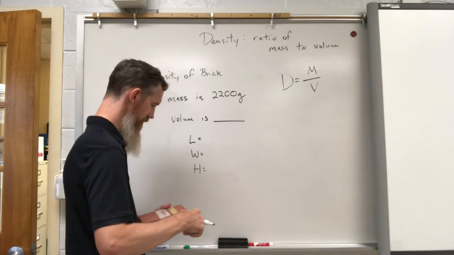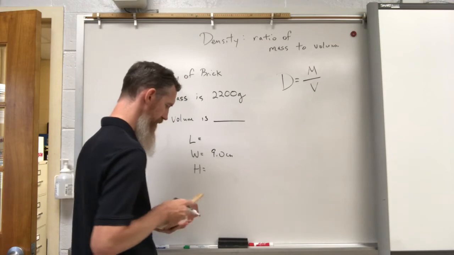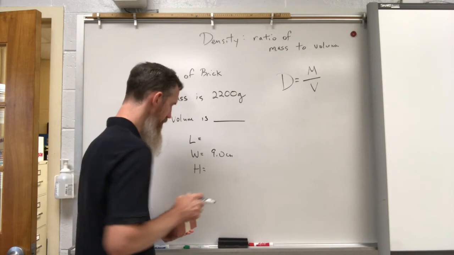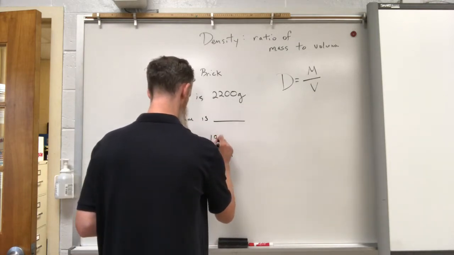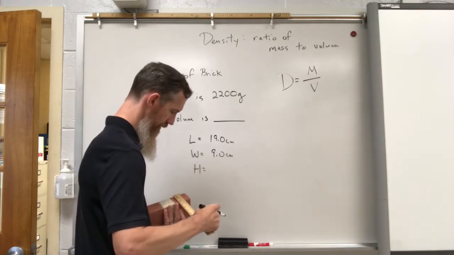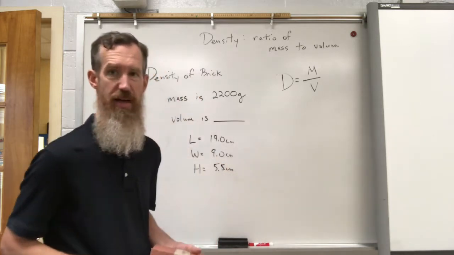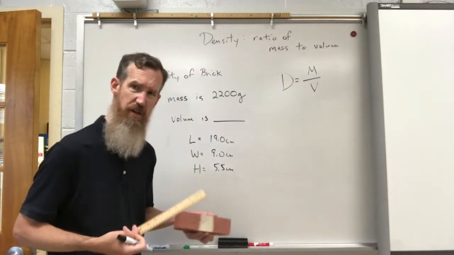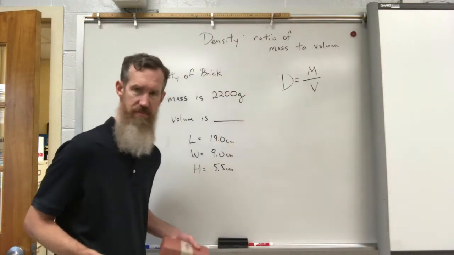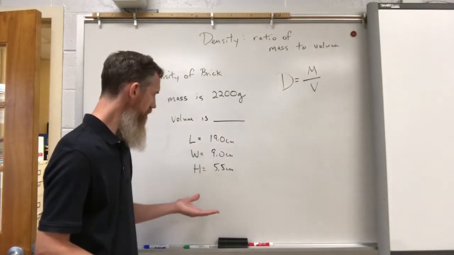For us, I'm going to tell you that the length, width, and height have these values. I just measured it. I rounded a little bit, but in a word problem, it could say the length is, the height is, the width is. And you're going to have to calculate the volume.